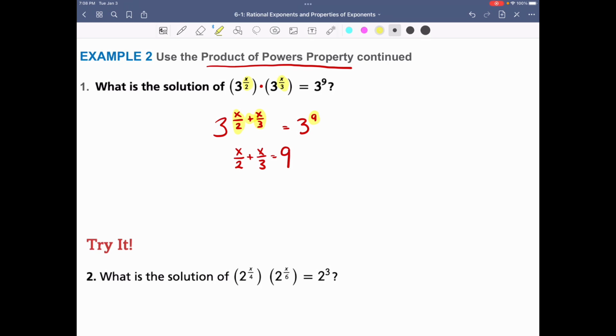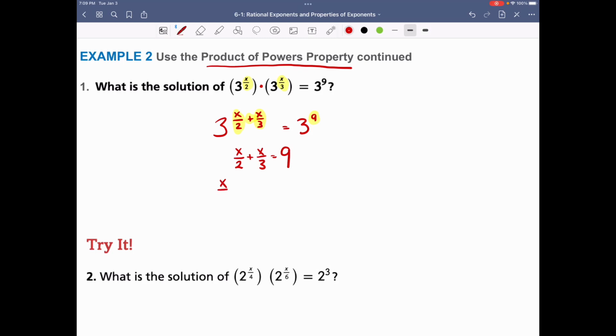Okay, and now we have to solve this, and this is going to be a little bit tricky, but I think you guys can do this, and this is also going to prepare you for those one-step equations quizzes that have fractions. So the denominators are 2 and 3. We can't add unlike denominators, so we need to come up with like denominators.